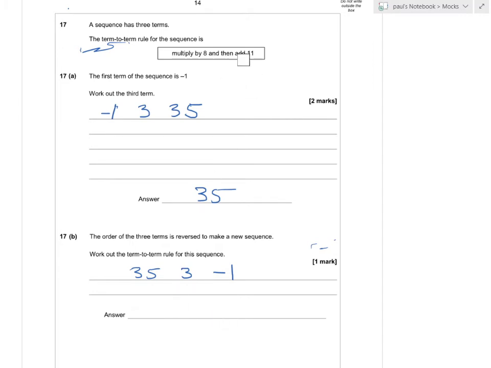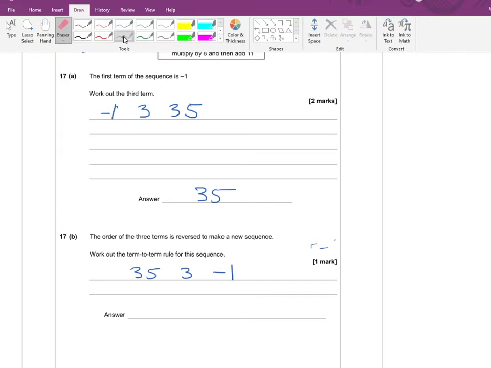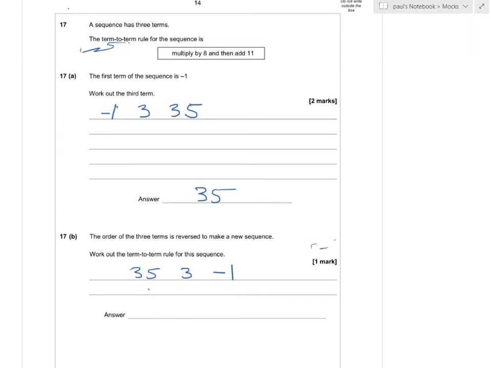It's going to be the opposite of that, isn't it? So what we do is we take away 11 and then we divide by 8. Have I done this right? Multiply by 8 and add 11.